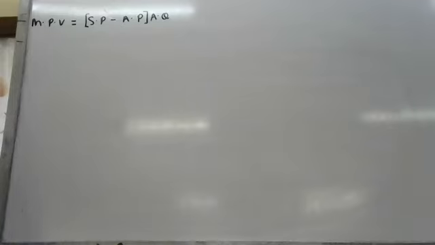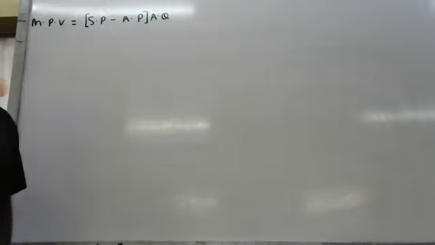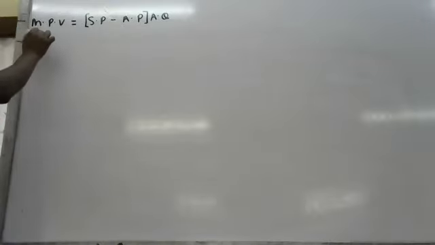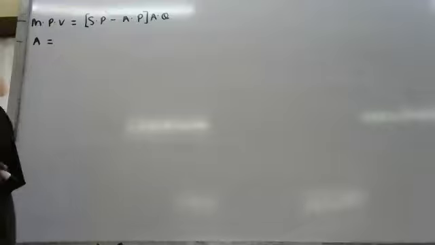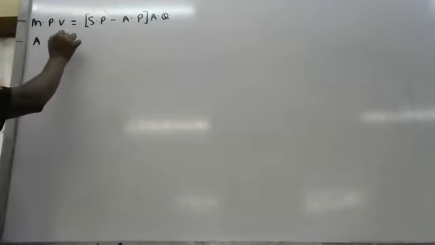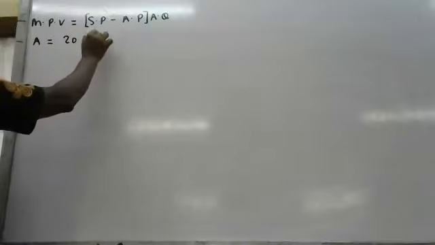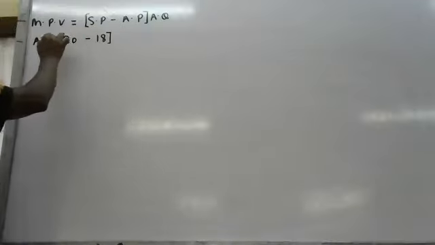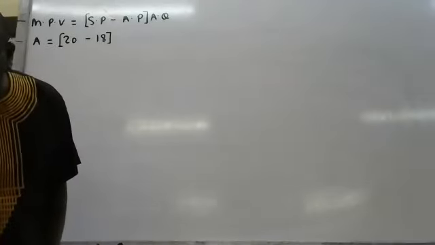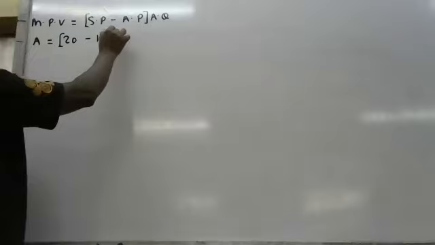Now. Okay, so I was saying standard price minus actual price, you multiply by actual quantity. So let's start with material A. Material A, the standard price was 20 shillings, but down here it was found at what? 18, and the actual kilos that were bought were 90.